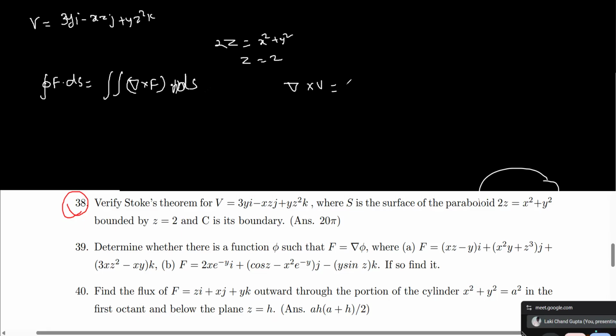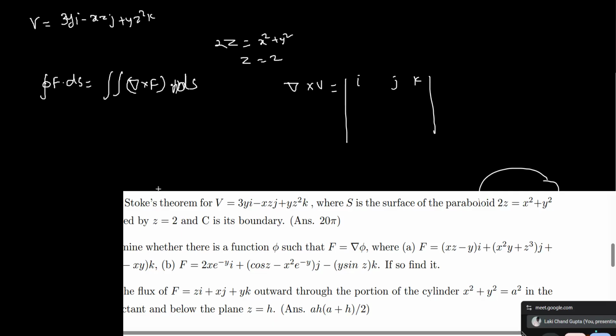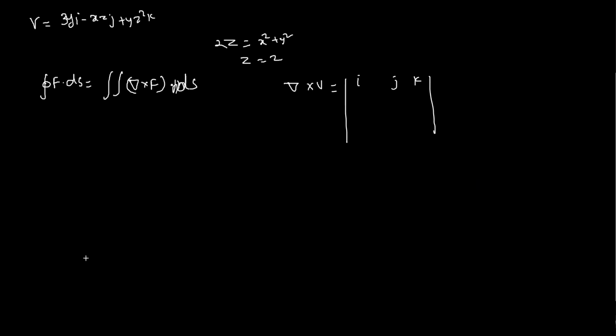So what is curl of V? The determinant of i, j, k; dou by dou x, dou by dou y, dou by dou z; and 3y, minus xz, yz square. When you differentiate with respect to y, you will get z square. With respect to z, you will get 9. With respect to x, 0. With respect to z, 0.